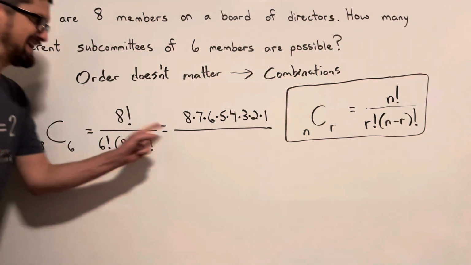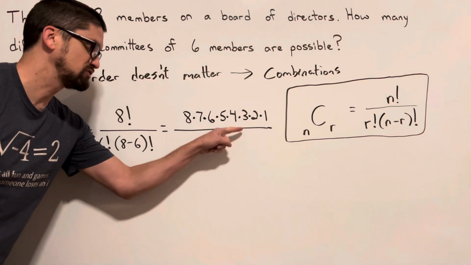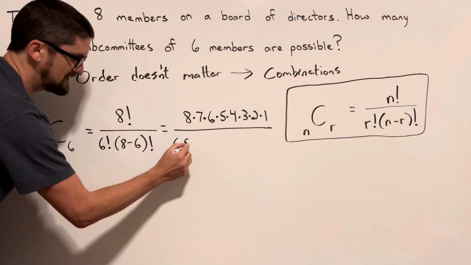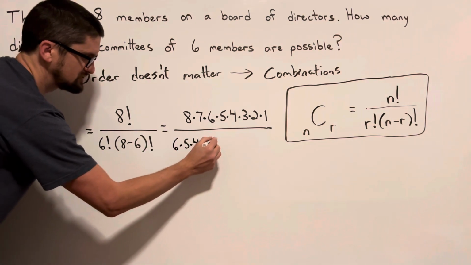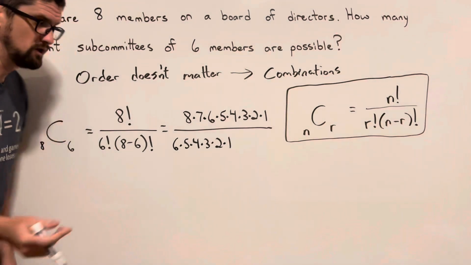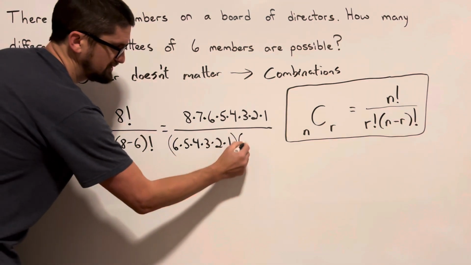So in this case, it's going to be 8 times 7 times 6 times 5 times 4 times 3 times 2 times 1. So 6 factorial is going to be 6 times 5 times 4 times 3 times 2 times 1. And then 8 minus 6 is 2. So 2 factorial would be 2 times 1.